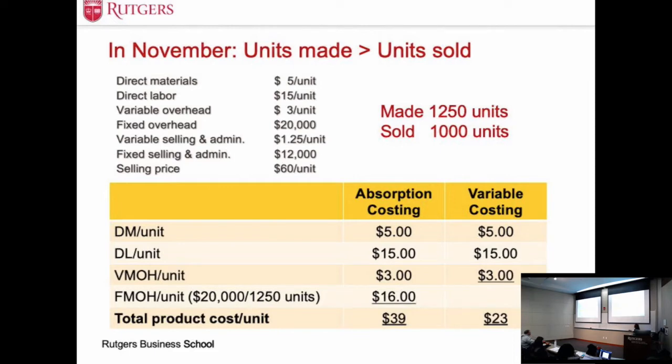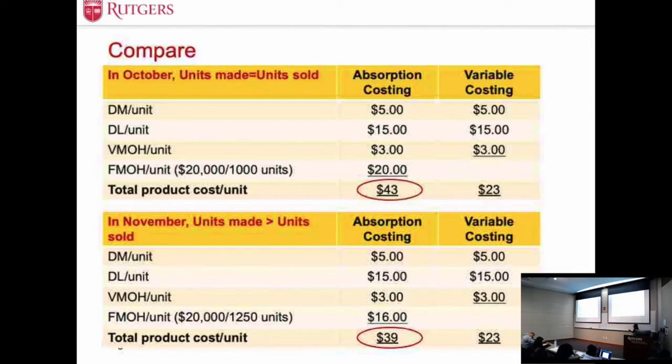So before, in October, where the units made are the same as the units sold, the unit production cost for absorption costing is 43, which is slightly bigger than the 39 in November, right? And the reason is why in November the unit production cost is lower. More units.